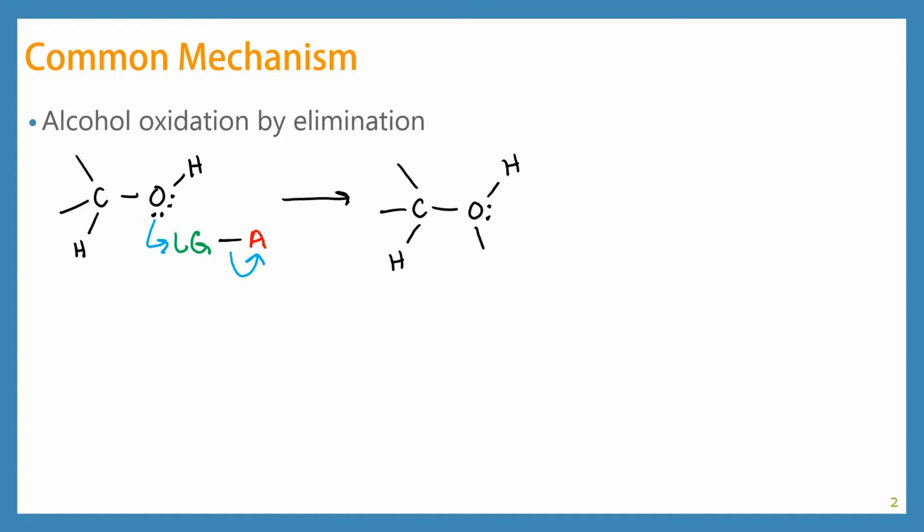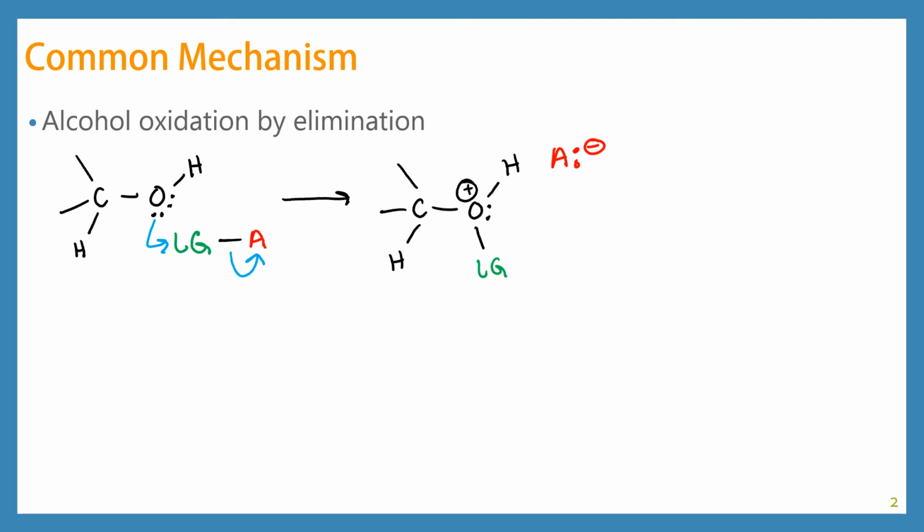So now we have this bond to our leaving group species, and we have our atom A floating around. Now, the other thing, hopefully you're keeping track of your charges. We created a negatively charged A. There has to be a positive here somewhere. The oxygen has 3 bonds and 1 lone pair. That makes it positive.